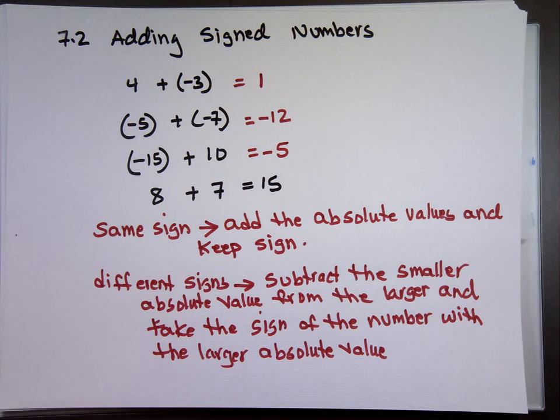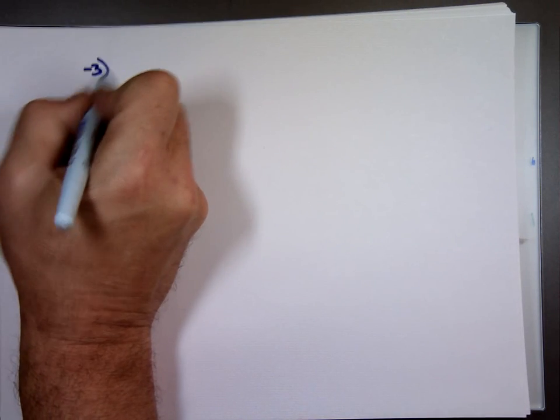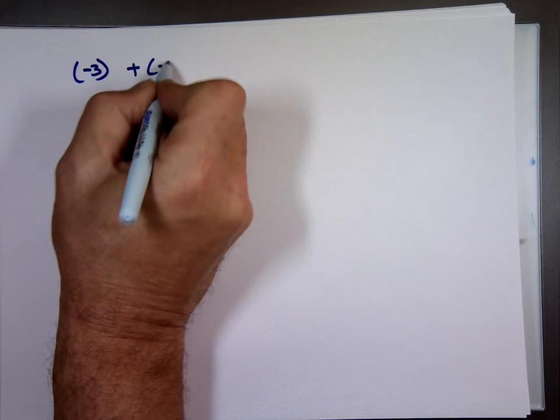And what I'm going to do now is just give you problems to practice on. I'm not going to take absolute values and do all the gibberish stuff, we can do them in our head. Minus 3 plus a minus 1.